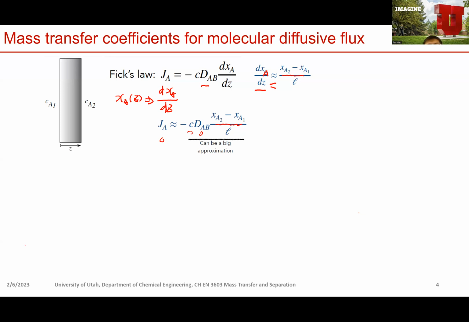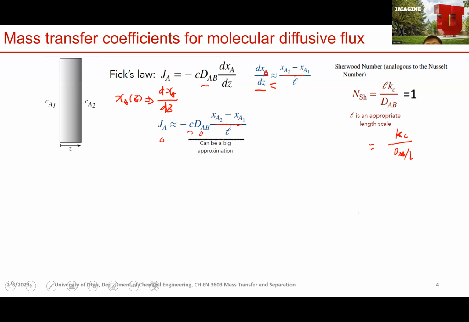Okay. Now, if we define the Sherwood number to be a ratio, this is the ratio of the mass transfer coefficient and DAB over L. If we define this to be the Sherwood number, and the Sherwood number is 1, that means Kc equals DAB divided by L, right?